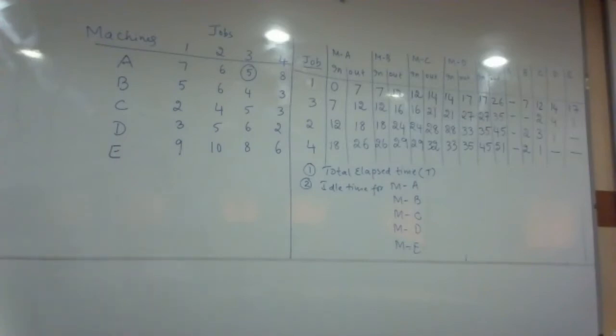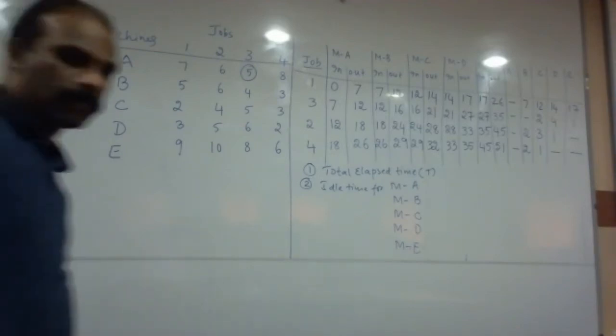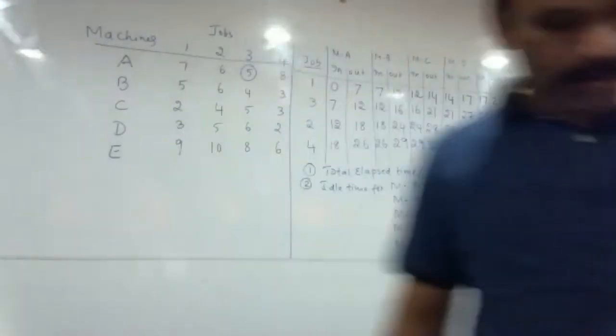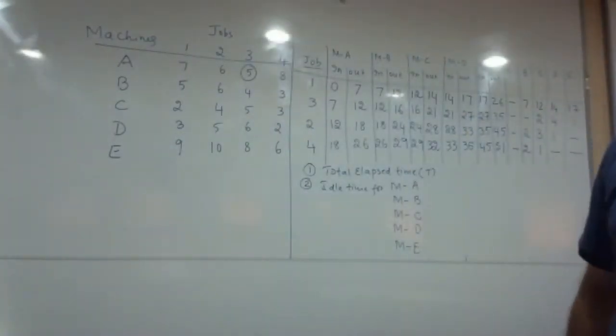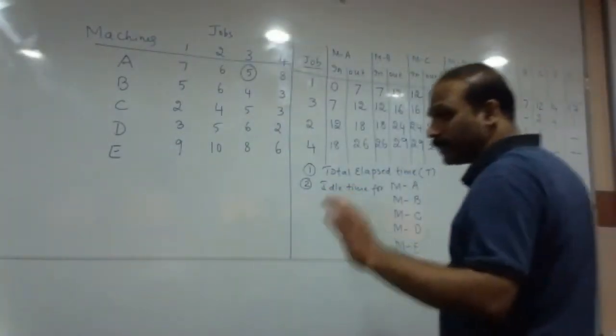Now, can you please tell me what is the value for the total elapsed time? 51. With the experience of the previous questions, what is the meaning of elapsed time? That is very simple.